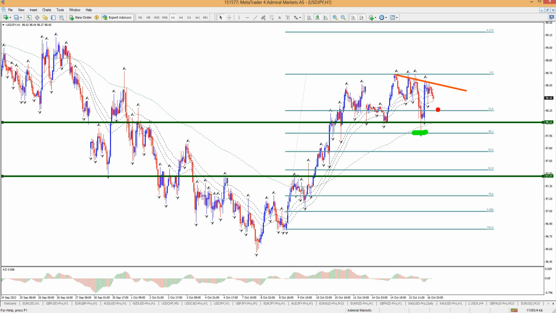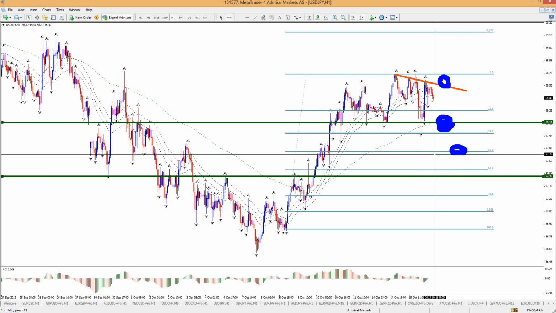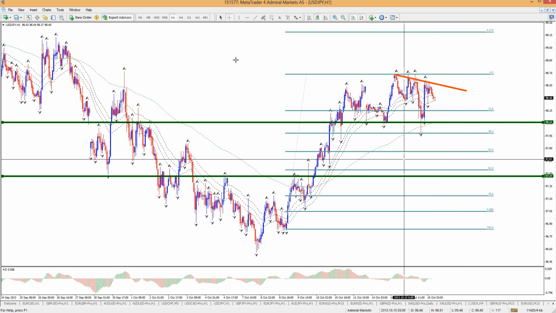If that isn't the turning spot, and we do move down here, then the 50 fib would provide support at 97.80. So for me, the areas of interest are close to this bottom, at the 50 fib, or upon the breakout to the upside. That's my take on the dollar yen.